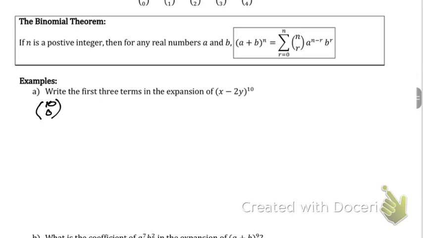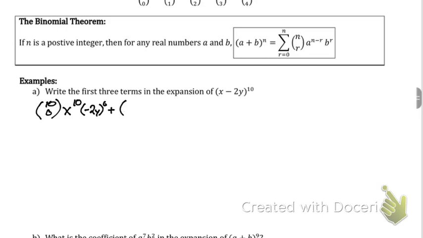And then our x value is our first variable, our first term in the binomial. So we're going to have 10 choose 0 times x to the 10th. Then we're going to have negative 2y to the 0th power.